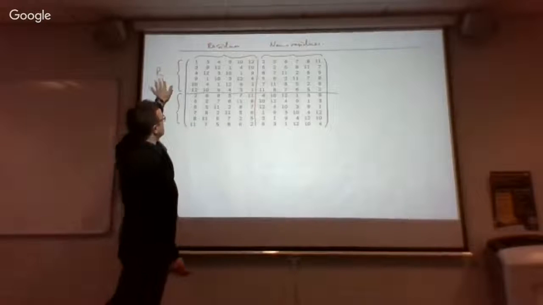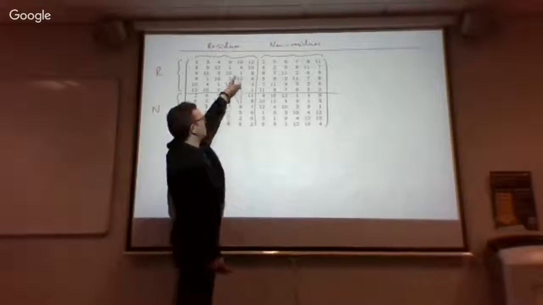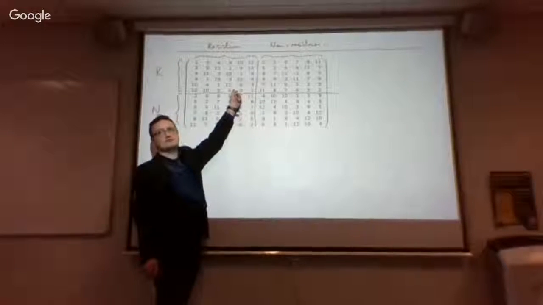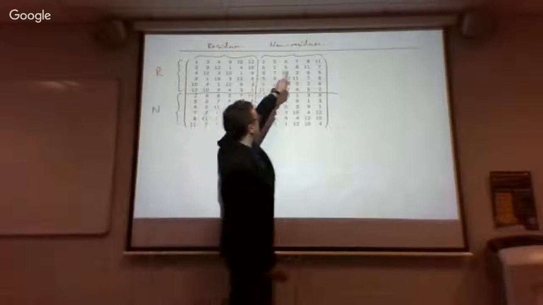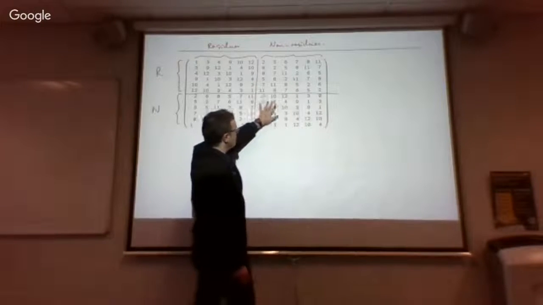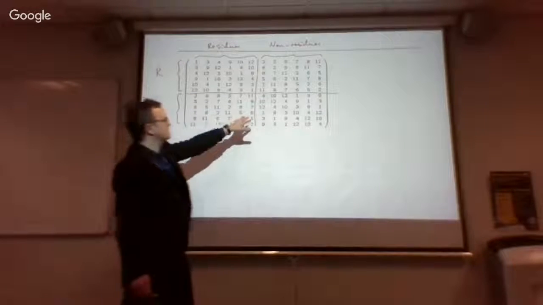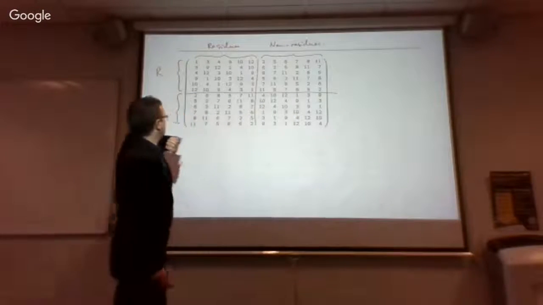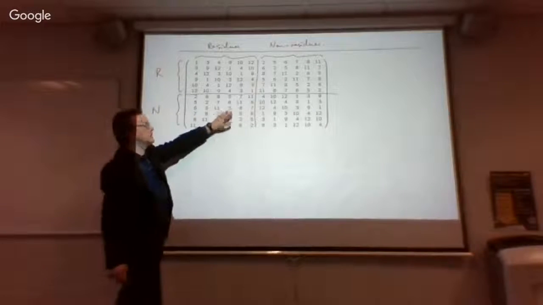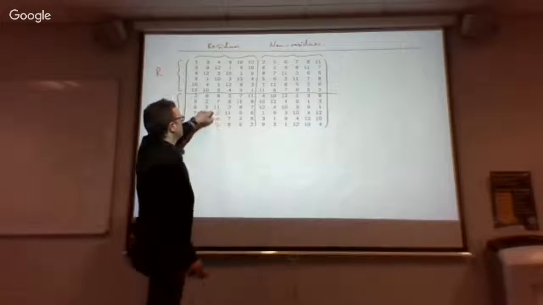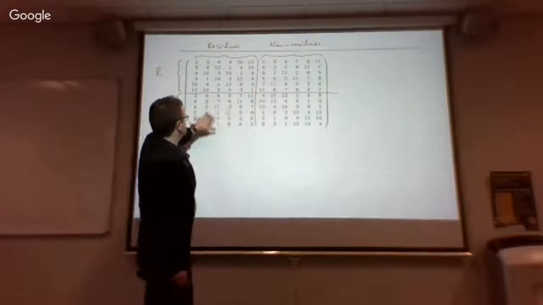Well, you see, when we multiply residue by residue, we get all these numbers, but look at every number appearing there is a residue. When you multiply a non-residue by a non-residue, then you're over here in the table. Those are all residues as well: 1, 3, 4, 9, 10, 12. And when you multiply non-residue by residue, this area down here and this area up here, you get 2, 6, 8, 5, 7, 11 in various positions.